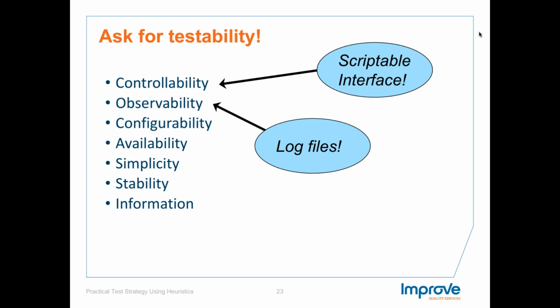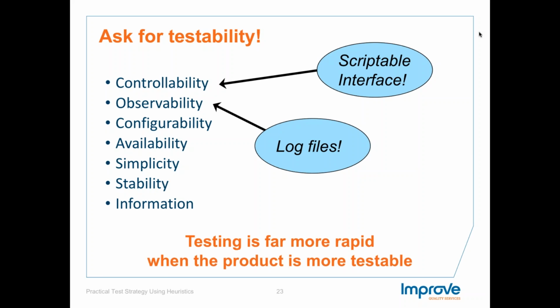Start asking for visual models like architectural overviews or flowcharts of how your users work. This all helps you attack this complex system you're testing and learn about the product more easily. Because again, testing is way easier and far more rapid when your product is testable.